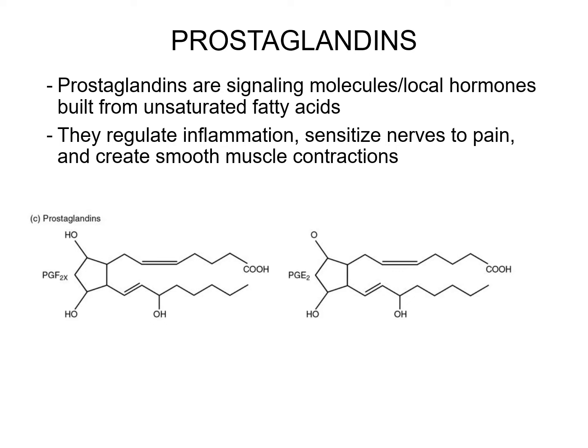But we named 3 things that these prostaglandins do. As you can see, they regulate inflammation. They help your nerves get used to or adapt to pain. And they create smooth muscle contractions. Yes, but they do like 19 million other things as well.